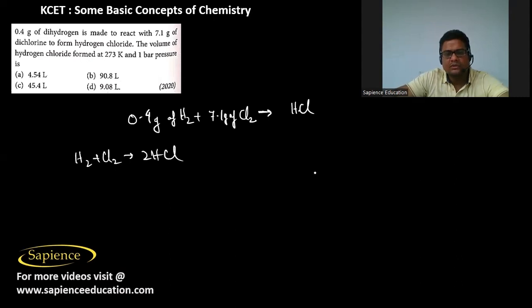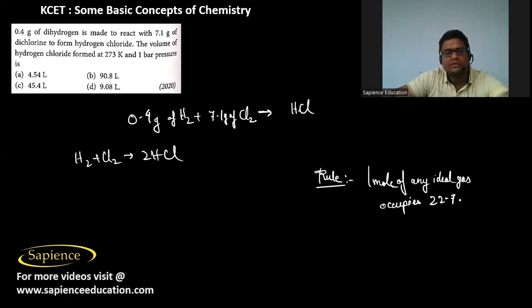So here we have to use the rule. The rule is that 1 mole of any ideal gas occupies 22.7 liter at NTP, where NTP means 273 Kelvin and 1 bar pressure.